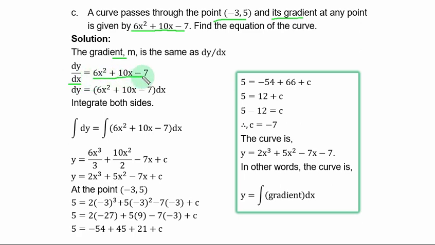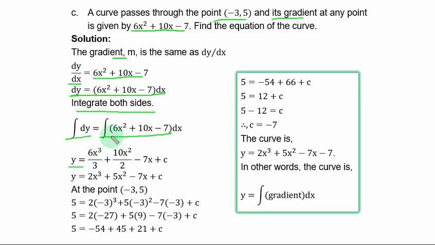The curve means you should get y, so multiply through by ds to clear the fraction. To get y from dy, which is differentiation, you need to integrate both sides. So you have the integral of dy equal to the integral of the function on the right hand side. If you integrate dy, you have y.